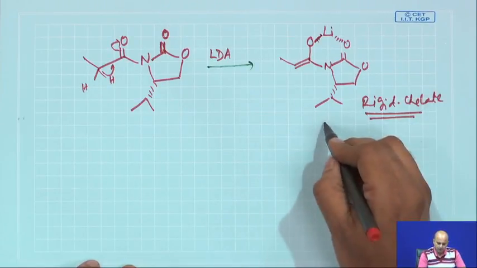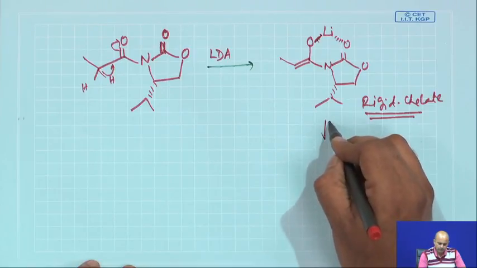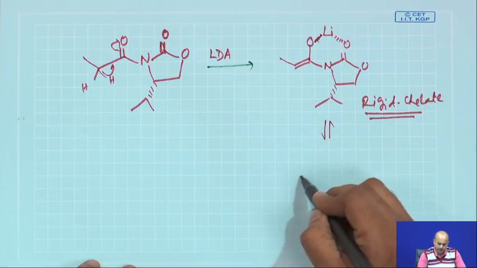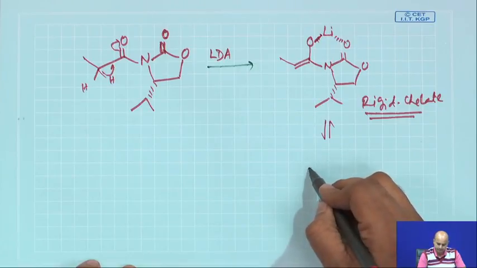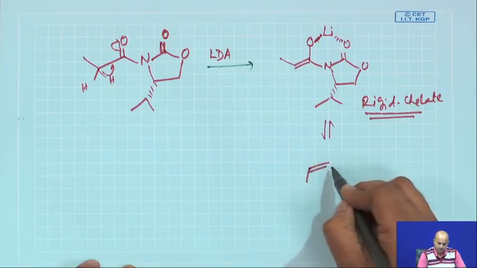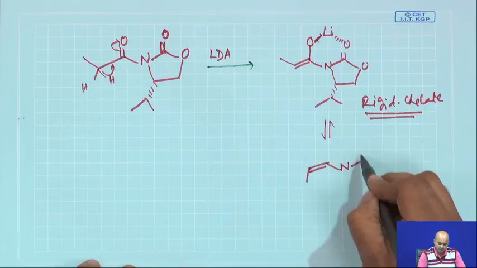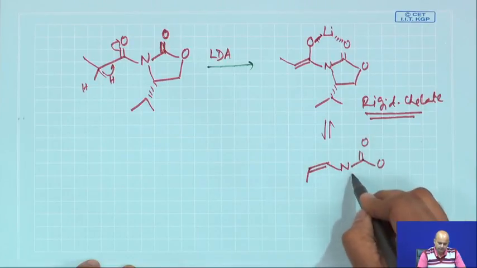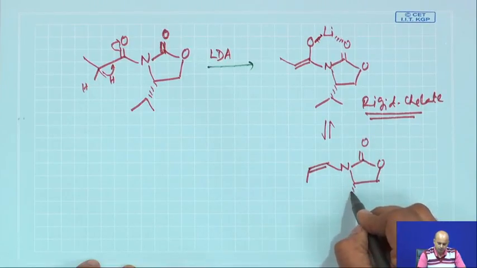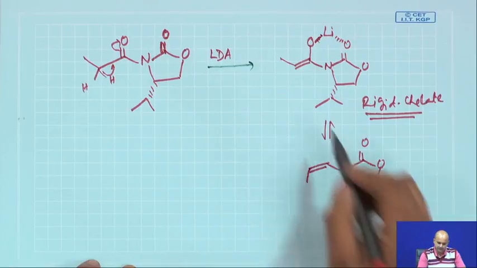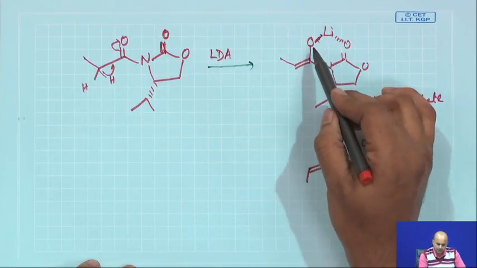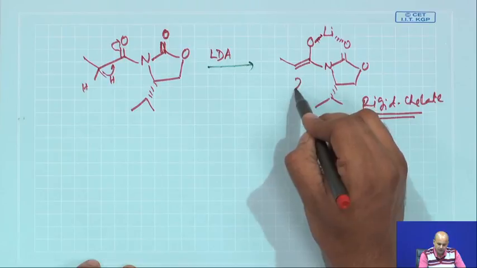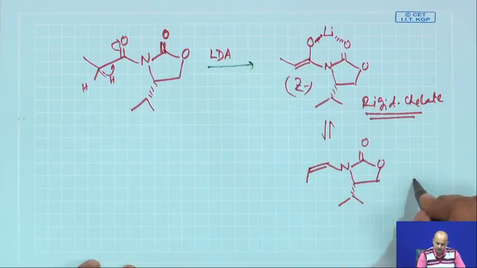Now, you can also think about having a possibility of another enolate in principle, like this. So, one is basically Z, this is oxygen hydroxide, this is Z enolate, and this is E enolate.